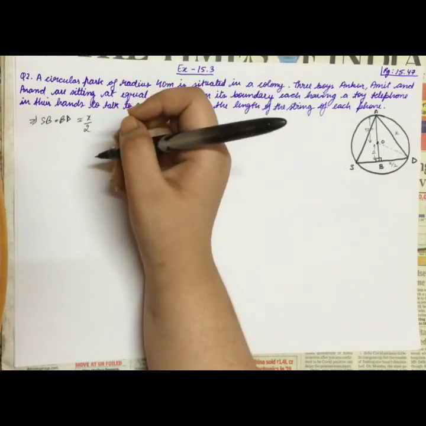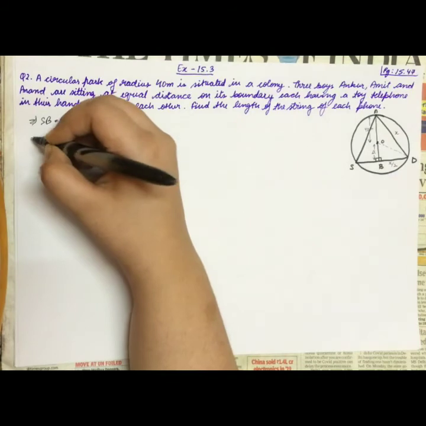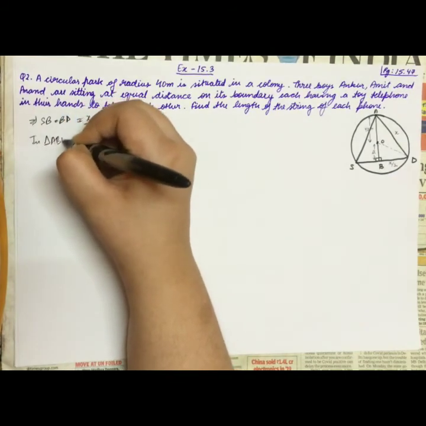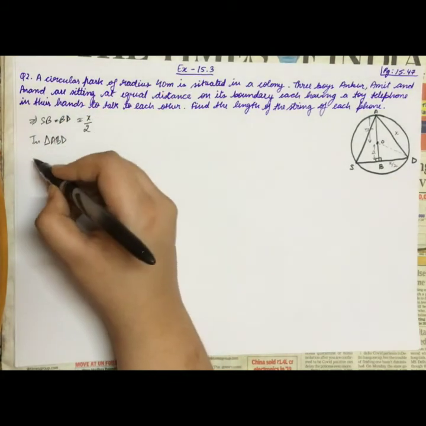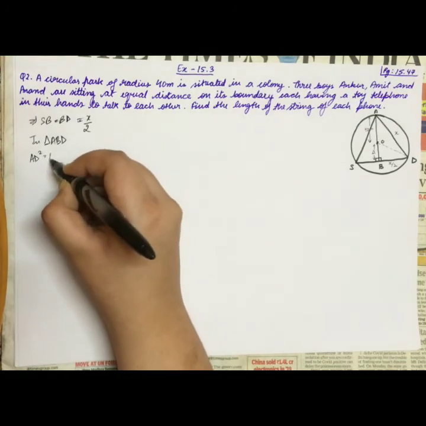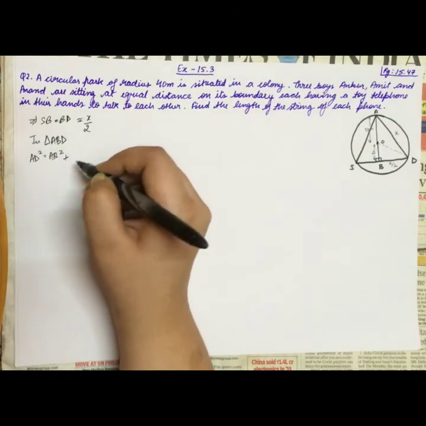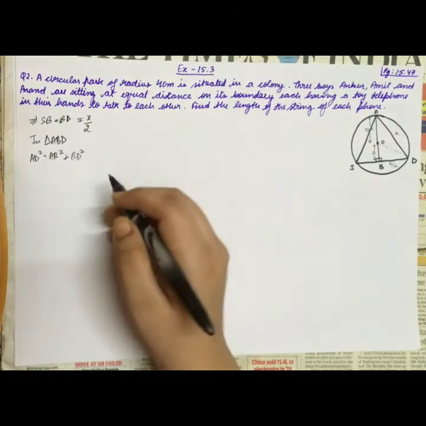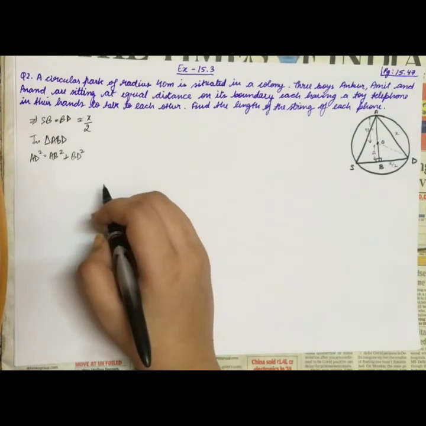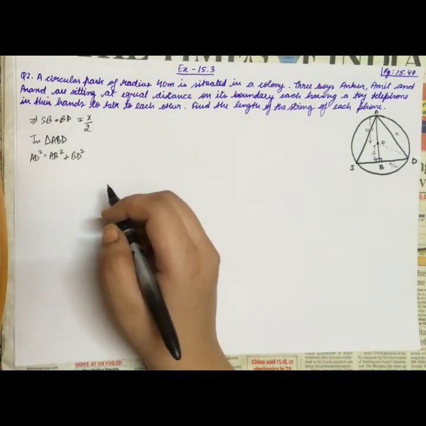So now in right triangle ABD, AD square is equal to AB square plus BD square because of hypotenuse rule. Now we'll put the values.